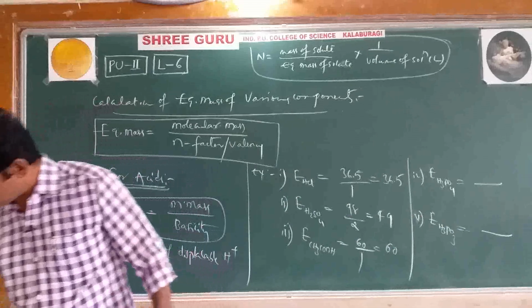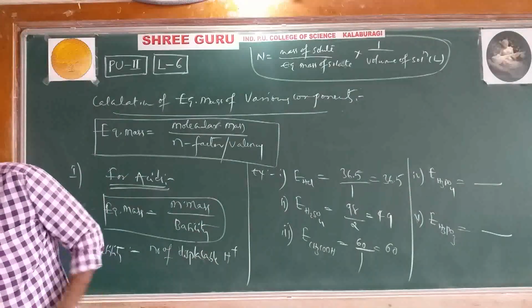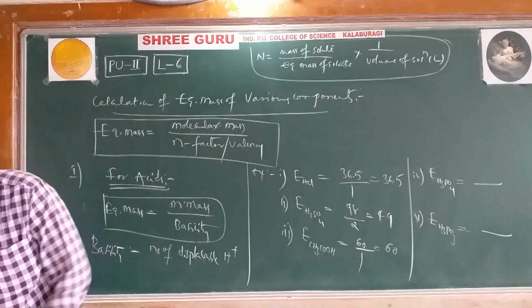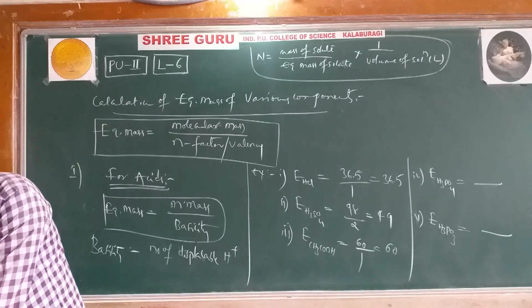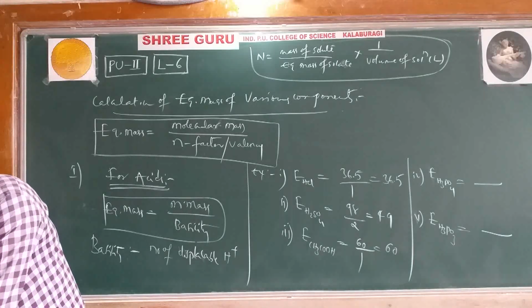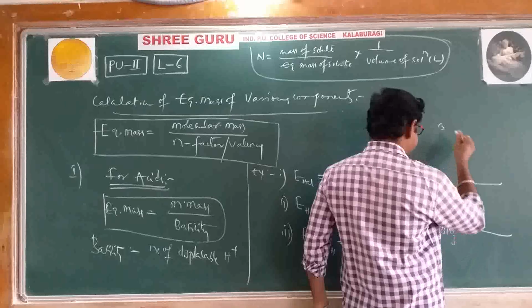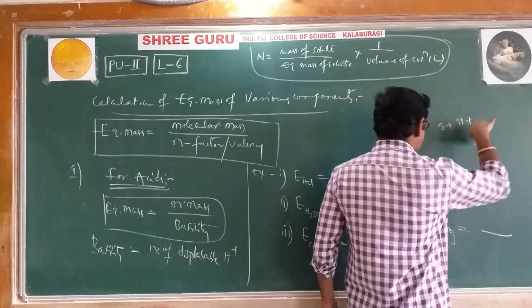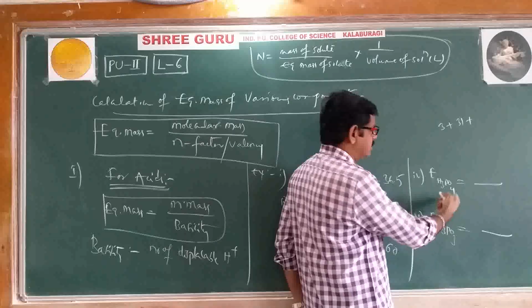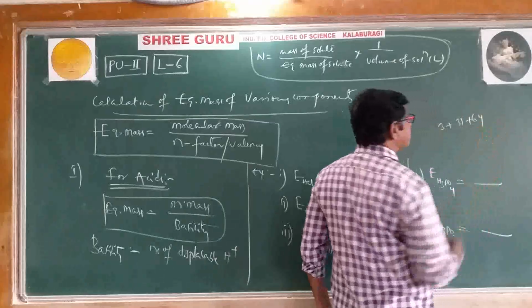We'll just calculate here. Hydrogen 3, plus phosphorus 31, plus 16 times 4 is 64.